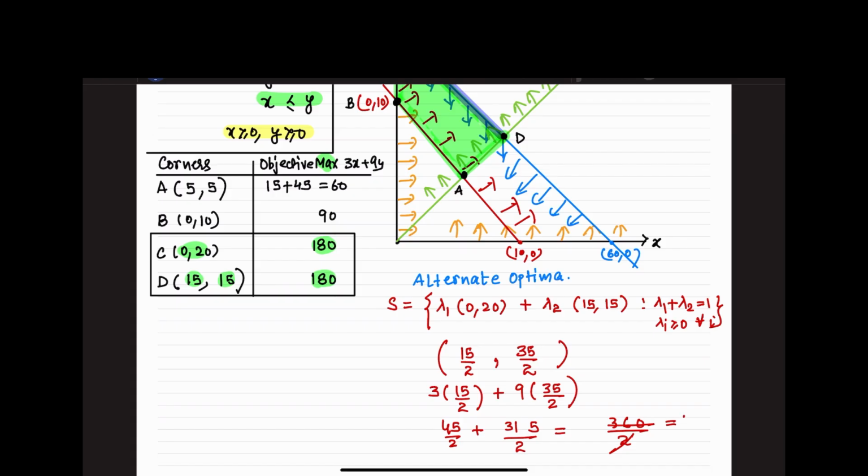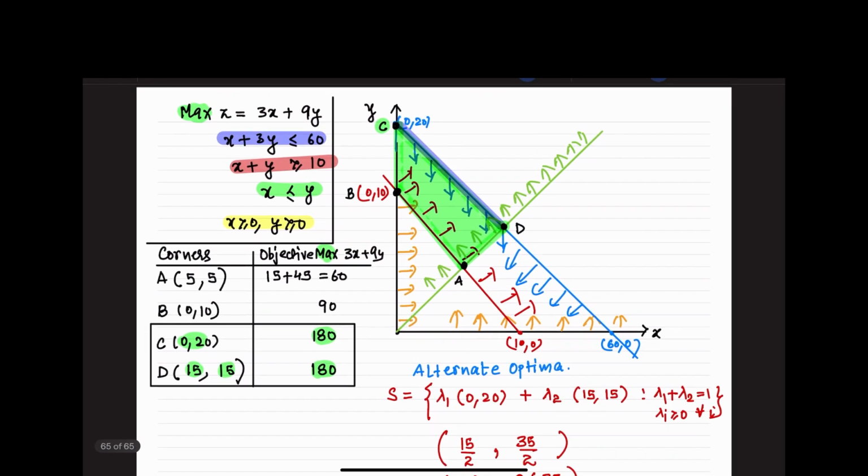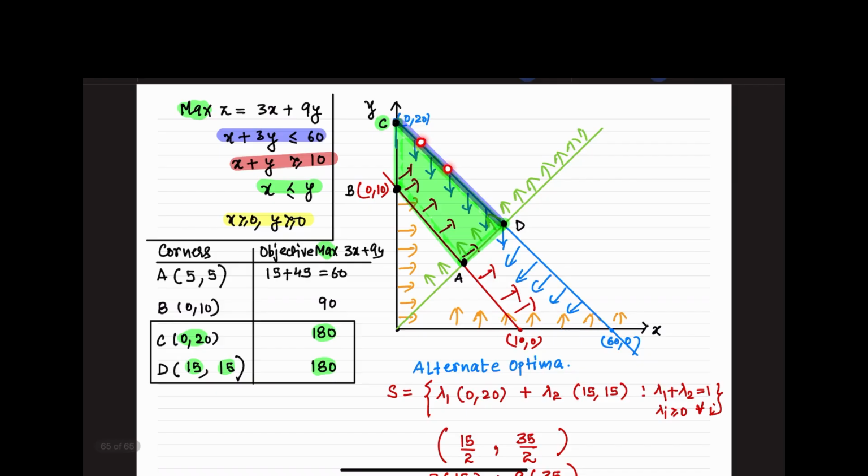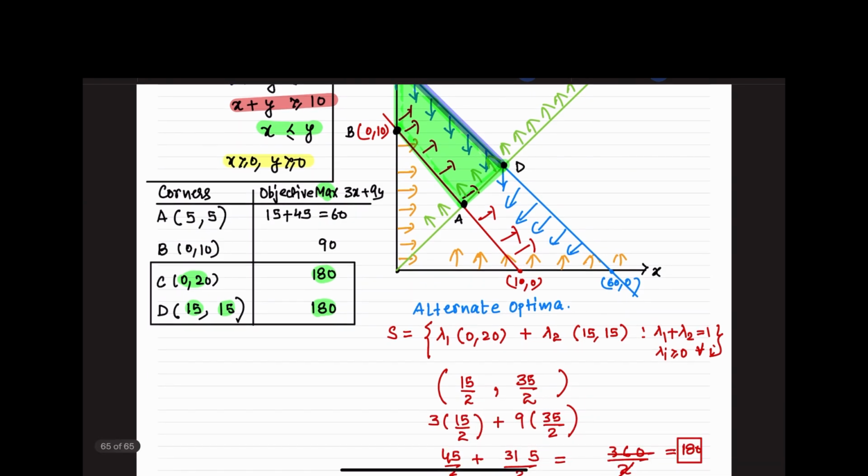It is equal to 180. So this is 180, which is equal to the objective at the maximum. If you choose any point on this line segment, the midpoint is not special. If you choose this point, then also the objective value comes out to be 180. At this point also, this point. So there are in fact infinitely many points of optima.